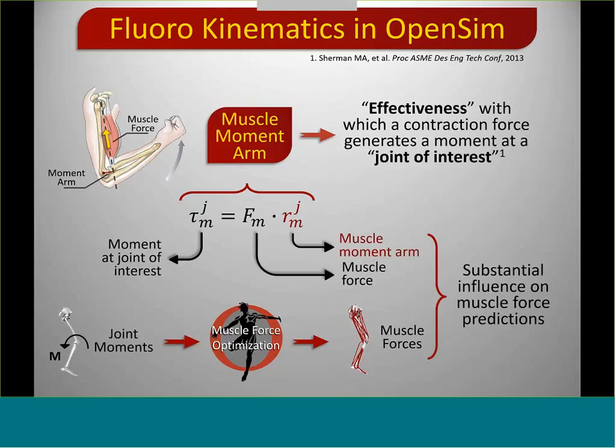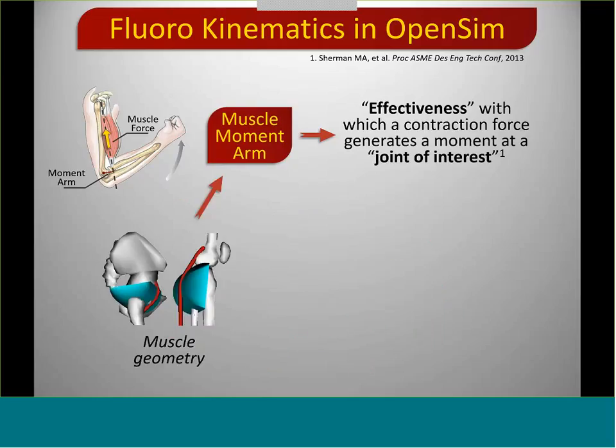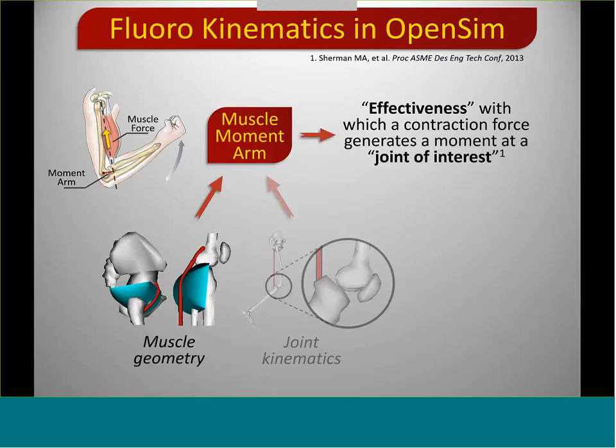The moment arms are determined by mainly two factors: the geometry of the muscle, so how well we are able to represent the path of the muscle, and also joint kinematics. However, the joint kinematics that is often implemented in whole body musculoskeletal models consists of average passive cadaveric motion.